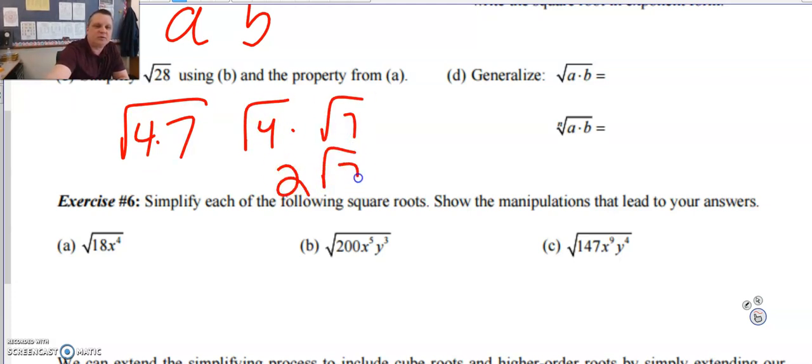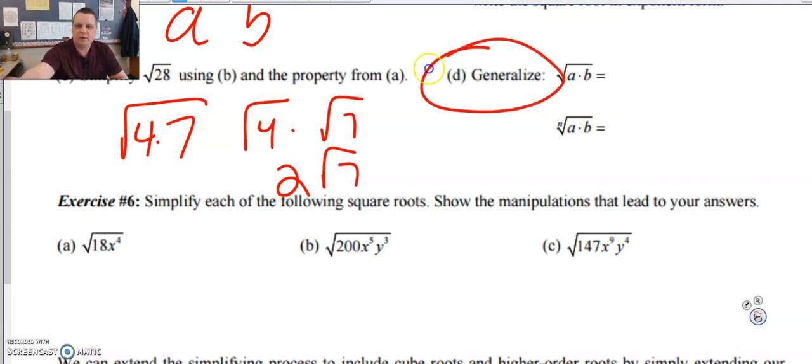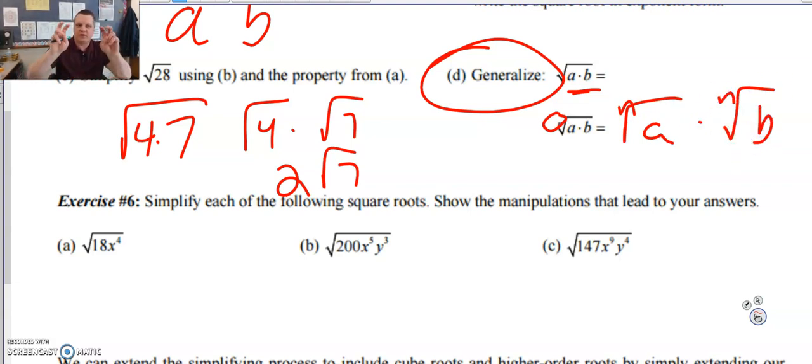So we have 2 root 7 as your answer. Okay? So we did the square root of both of them. That's kind of what we did right here in the generalizing of it. So we broke it down to the product, and then we took whatever the root is, gave it to both of them, and we have the nth root of A times the nth root of B. So it's kind of another distributive property.